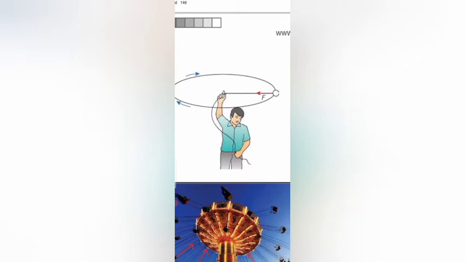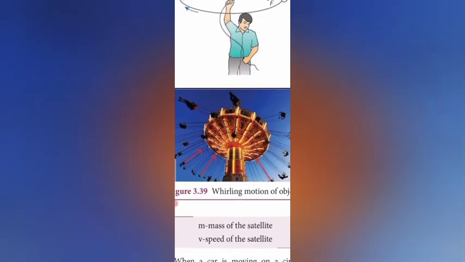Now see the second diagram, which you see in amusement parks. In a circular motion in an amusement park, the centripetal force is provided only by the tension of the iron rod. So here the centripetal force acts as the tension force, tension in the string or tension in the iron rods.